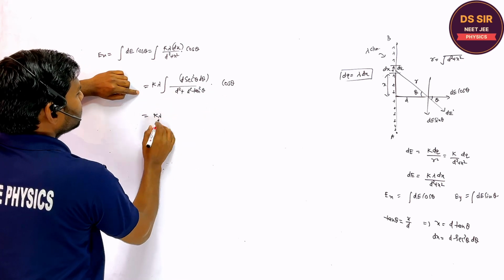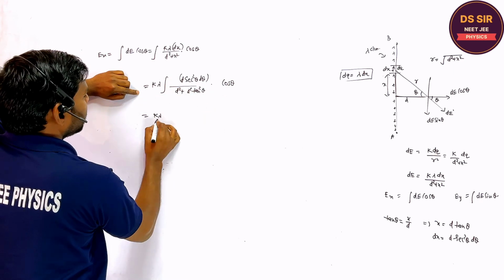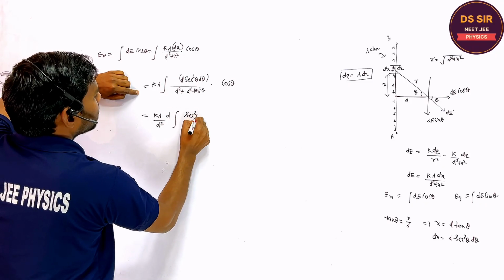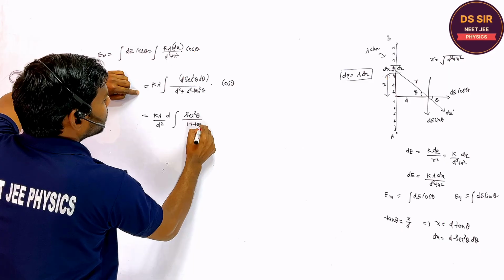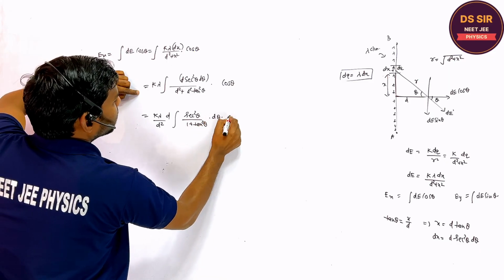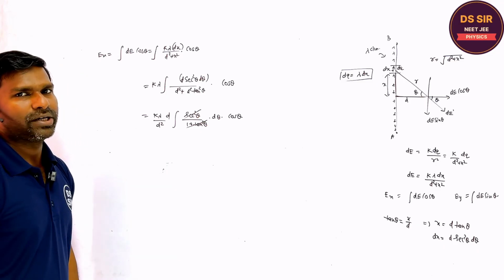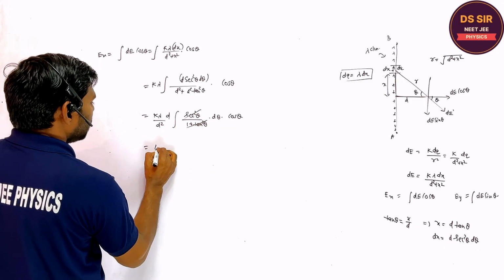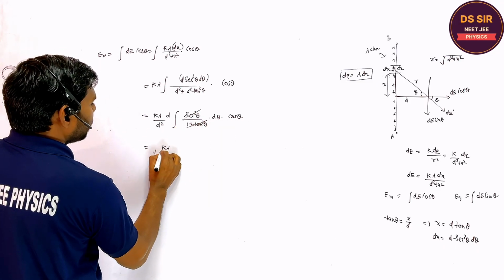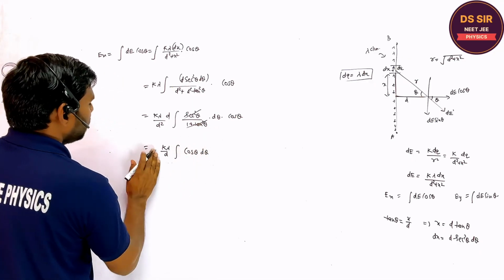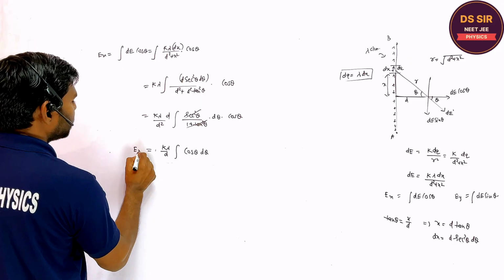If you simplify this, in the denominator it is d square times 1 plus tan square theta, in the numerator it is d sec square theta d theta into cos theta. 1 plus tan square theta is equal to sec square theta, it will cancel out. So therefore this is k lambda upon d, and inside the integration it is cos theta d theta, and you have to integrate this.